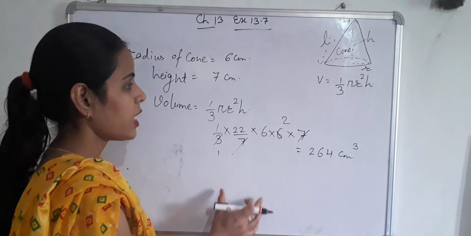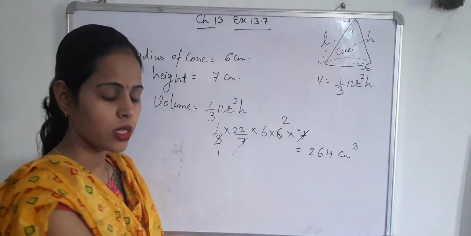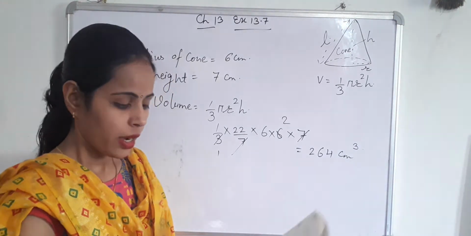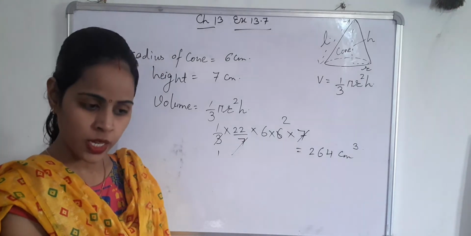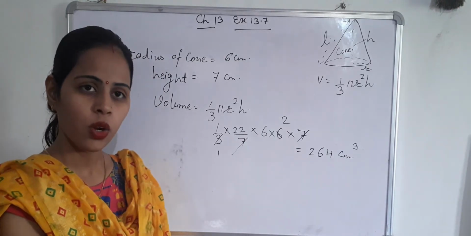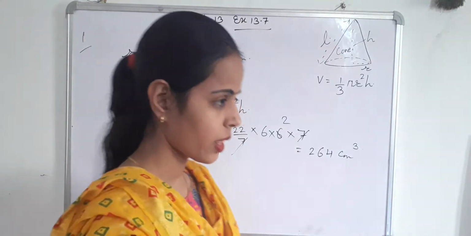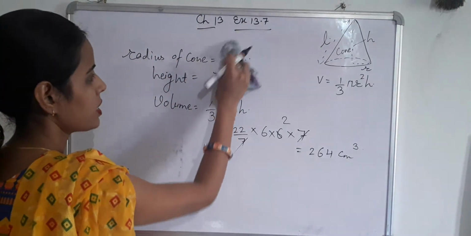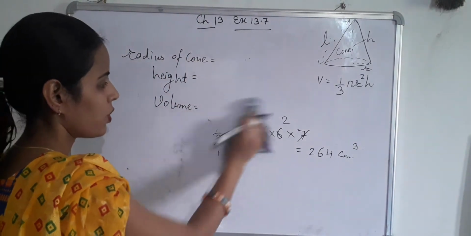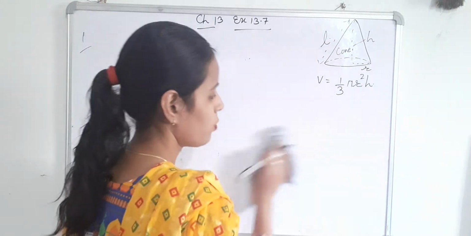Now take second part of question first. Radius is 3.5 centimeter and height is 12 centimeter. Radius and height are given. You have to find the volume of a cone.